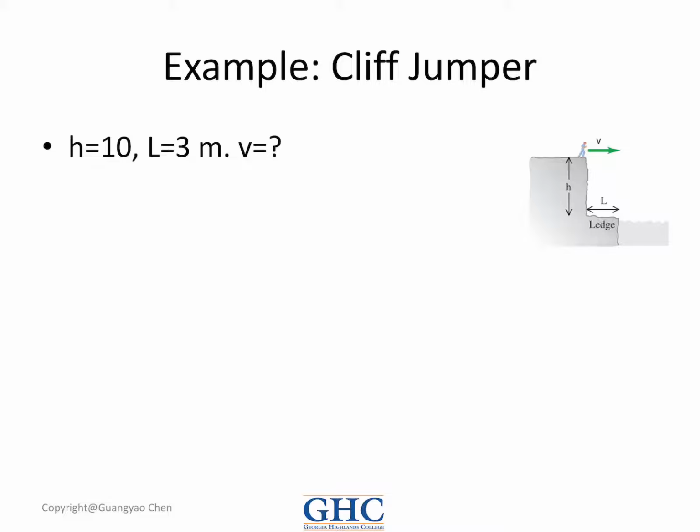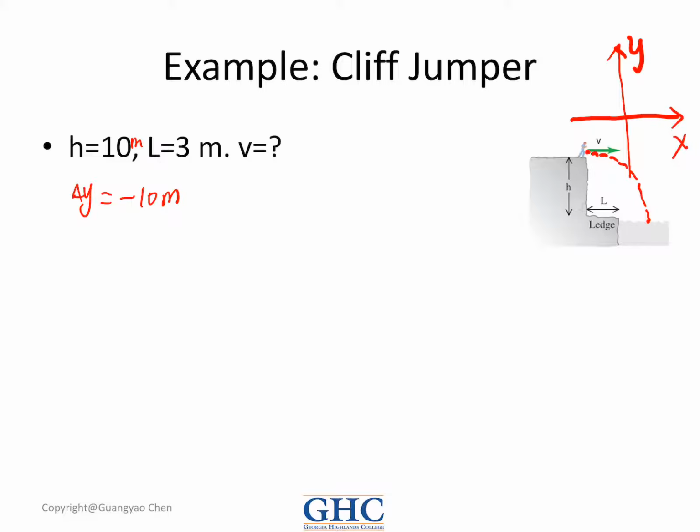Now, first, let's build our coordinate system. I will build my coordinate system with x pointing to the right, y pointing up. So for the jumper, after he gets to ground level, his displacement in the y direction is negative 10 meters.